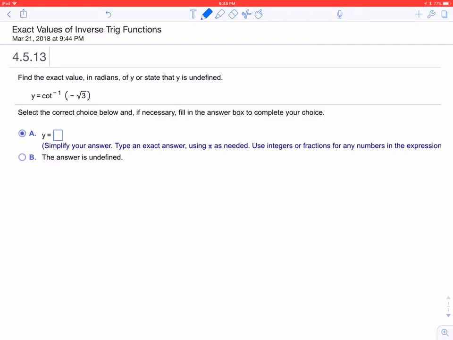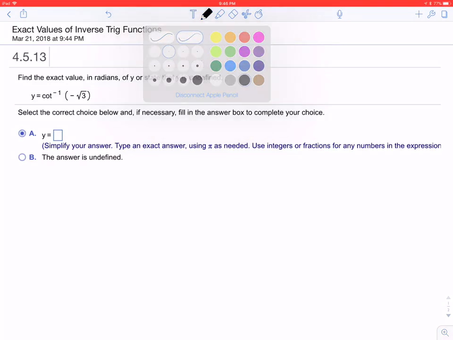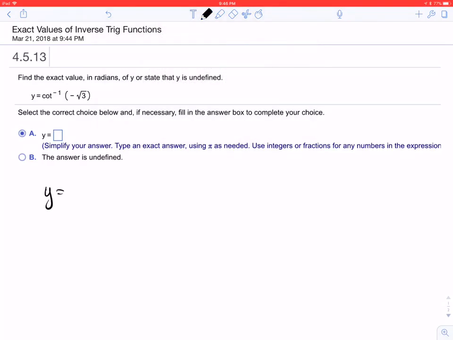All right, so let's look at it. If we have y equals inverse cotan of a negative square root of 3.